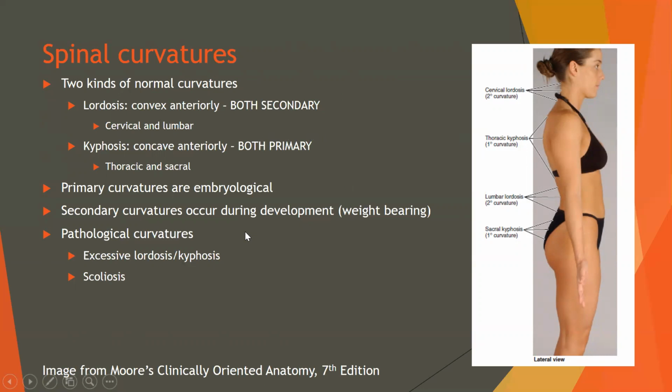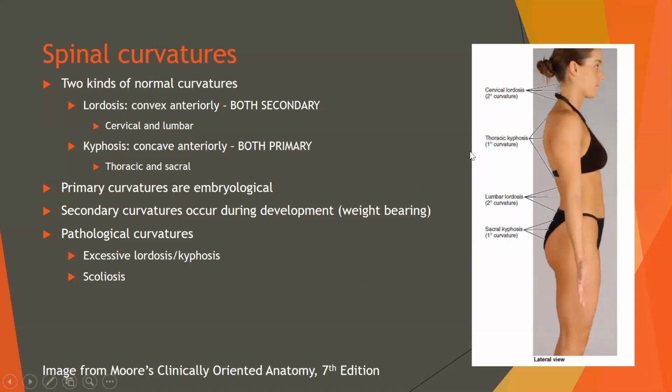Now, pathologically, you can develop pathological curvatures, and that's going to be excessive lordosis and excessive kyphosis. What the difference is between a good amount of kyphosis and lordosis versus a pathological amount, I really have no idea, but I guess it'll either be obvious with the question. Well, I do have some idea actually, that's a lie.